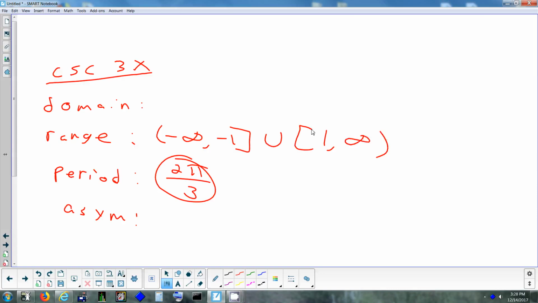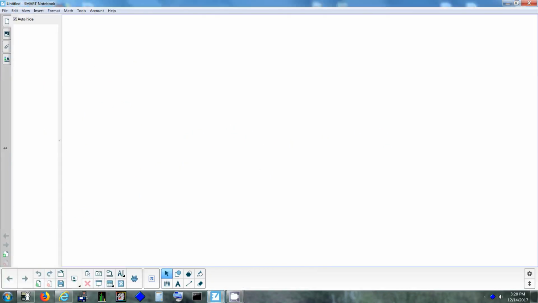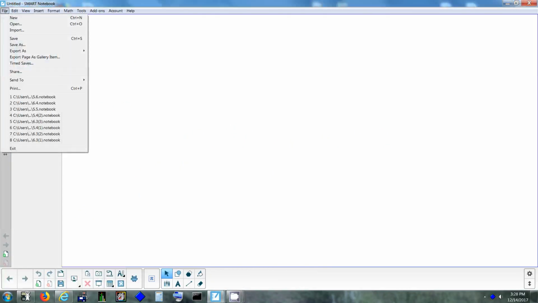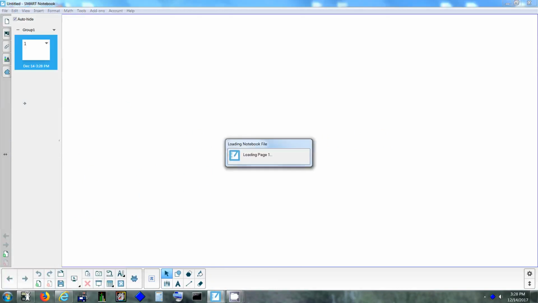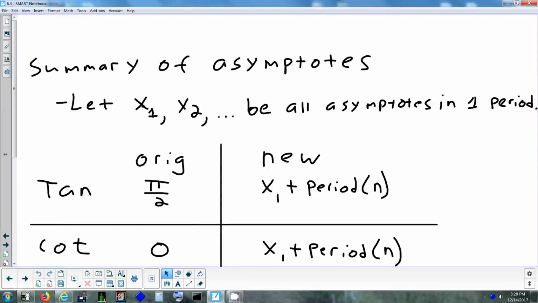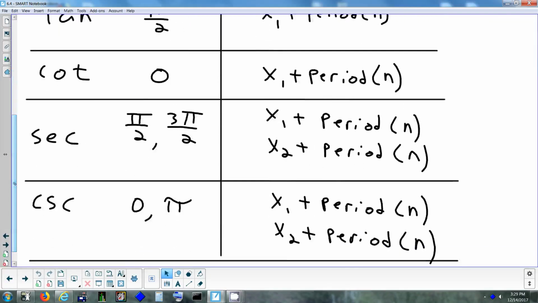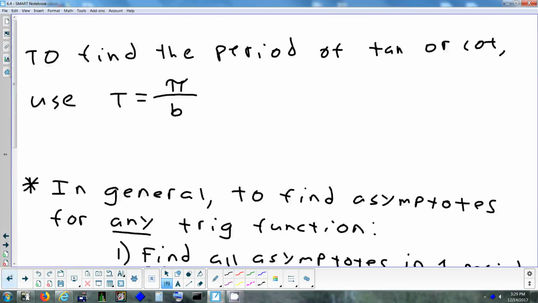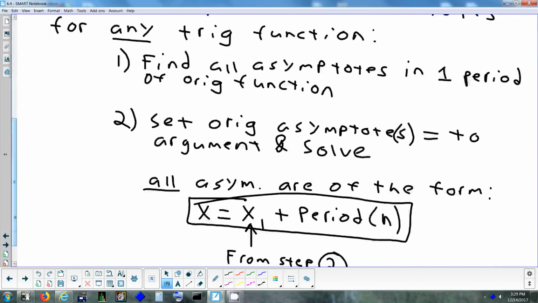Now for asymptotes and domain, we've got to look at something we did today. We have to know where the asymptotes start for cosecant. Let's look up 6.4 and bring up that chart. The asymptotes for cosecant start at 0 and pi. But we're changing them, so we have to figure out where they move to.